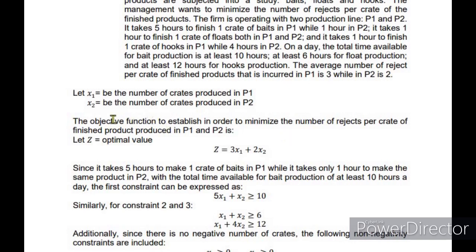Again, the unknown variable x sub 1 be the number of crates produced in P1, or production line 1. Then x sub 2 be the number of crates produced in production line 2, or P2.